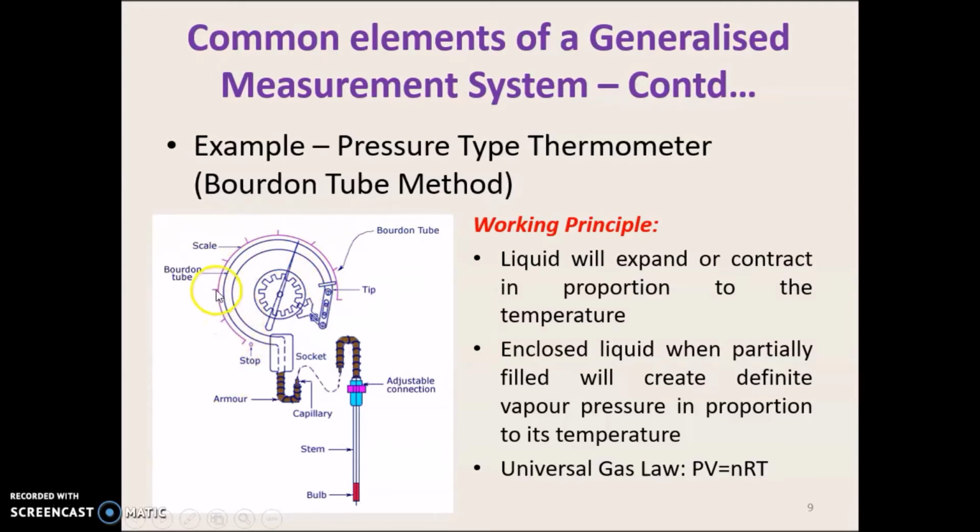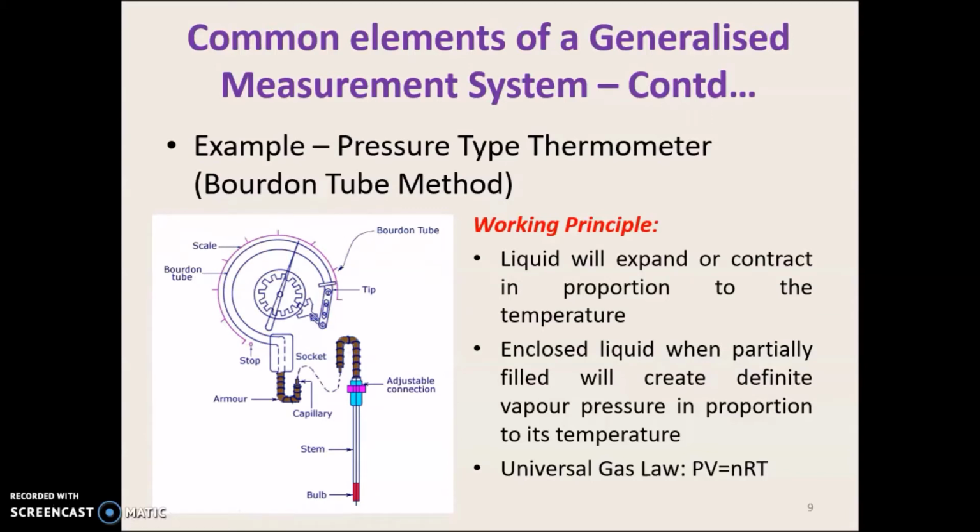And this purple color graduated scale over this U-shaped tube is nothing but the graduated scale, and this is the pointer. This is the leveraging mechanism, this is the link which converts the motion, and this pointer is going to move from the smallest value, that is 0, to some maximum value. This is how this particular pressure type thermometer is constructed.